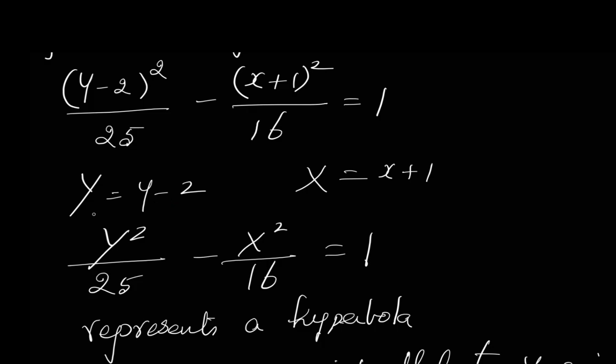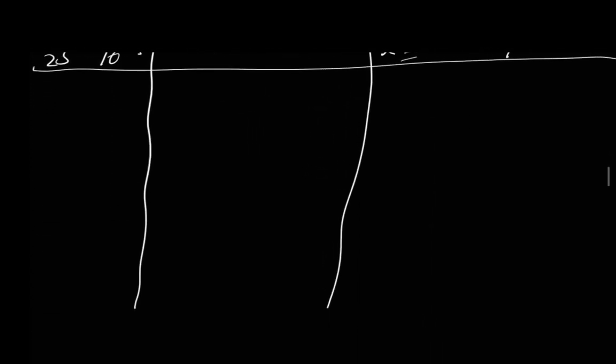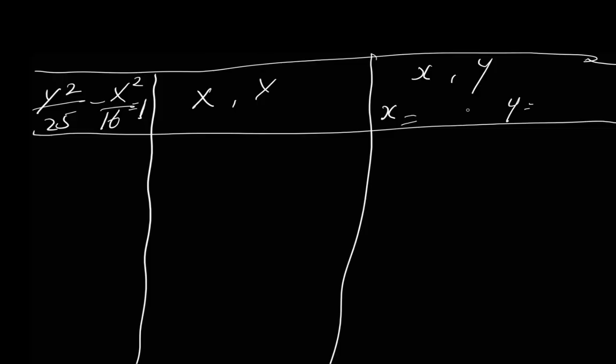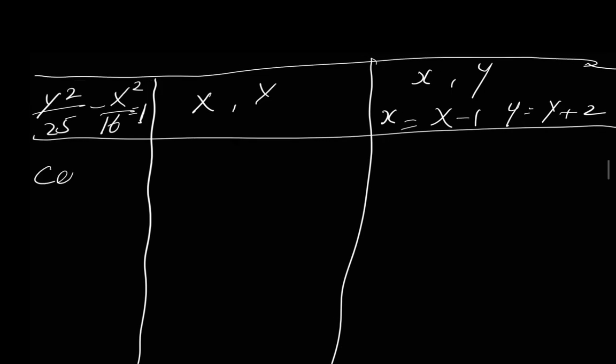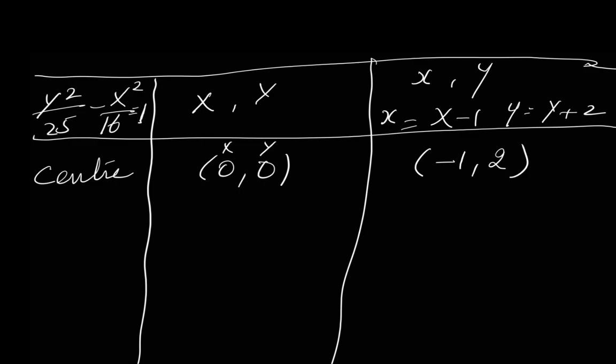Capital Y is y minus 2, so small y is capital Y plus 2. Center, just as it is here, 0, 0. Capital X value 0, capital Y 0. Substitute here. So 0 minus 1 is minus 1. 0 plus 2 is 2. Center is minus 1 and 2.